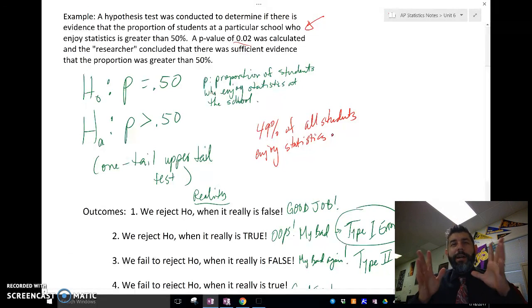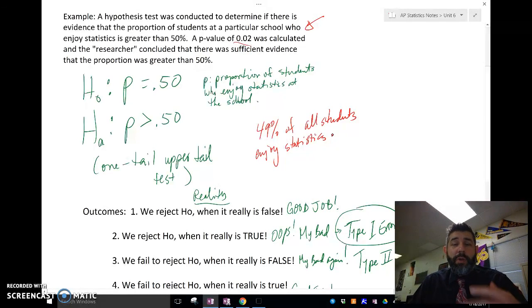Anyway, again, a type 1 error is when we have rejected the null when in fact the null was true. And it's possible that this happens in our statistics and our hypothesis tests.